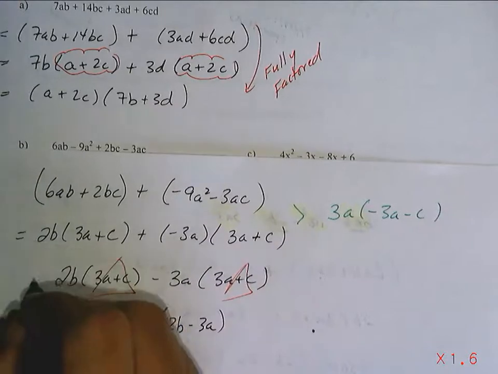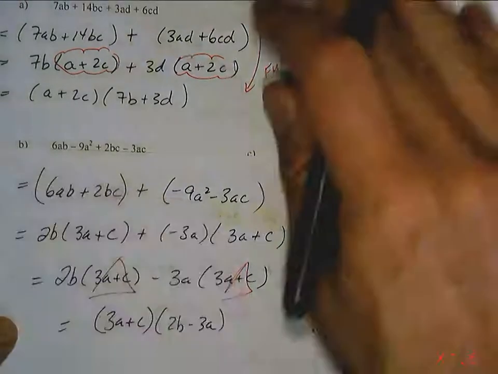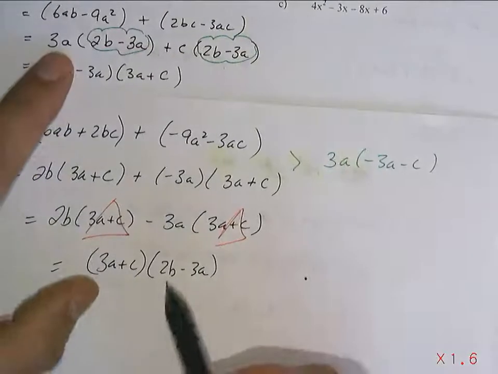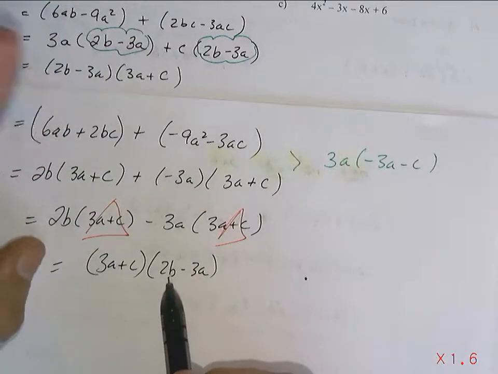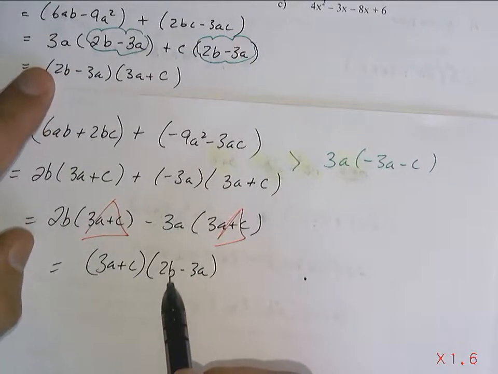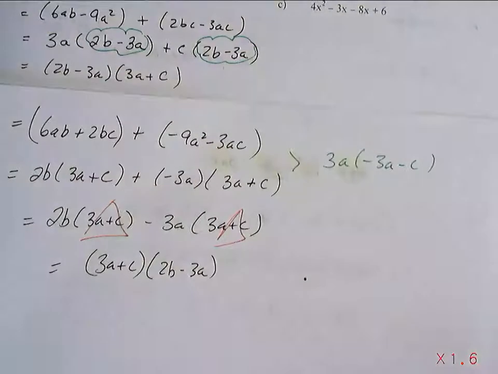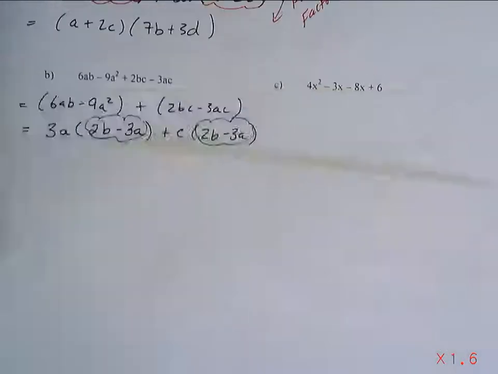And the question is, is that the same as what we had before? And the answer comes back 2b minus 3a times 3a plus c. They are identical. So yes, you can group them that way, no problem. So then someone in the class is going to say, whoa, whoa, I don't like either of your ways of grouping.